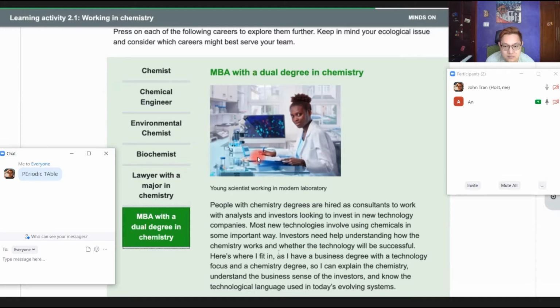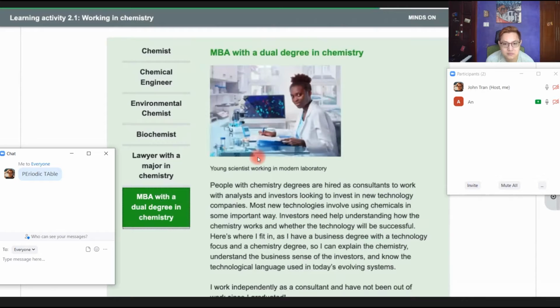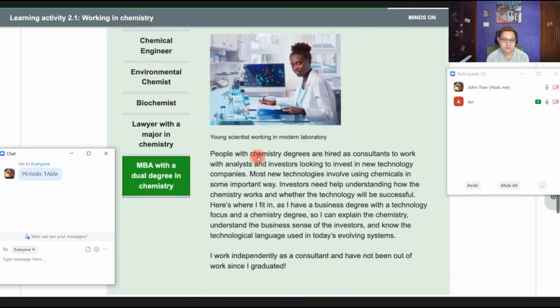As I have a business degree with a technology focus and a chemistry degree, I can explain the chemistry, understand the business sense of the investor, and know the technological language used in today's evolving system. I work independently as a consultant and have not been out of work since I graduated.